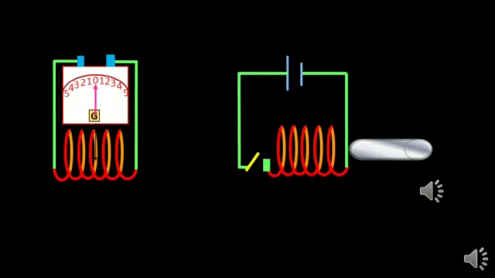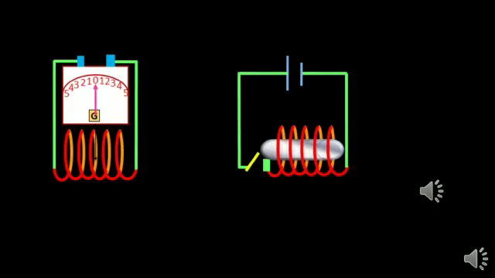This happens because of the change in magnetic field during switching on or off. When we insert a ferromagnetic substance into the coil, it provides extra magnetic field and the deflection in the galvanometer further increases. This shows an increase in the current in the coil.